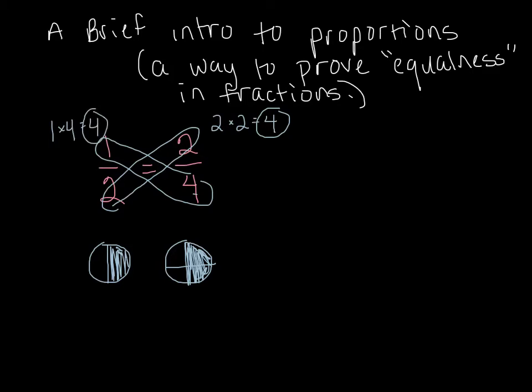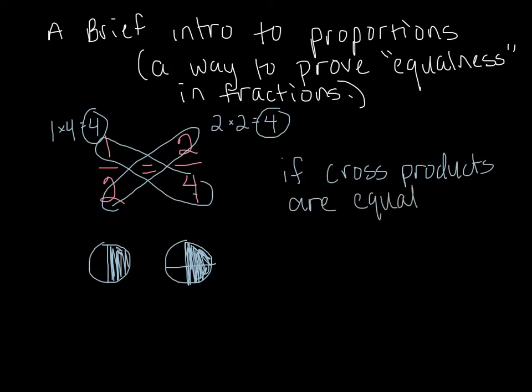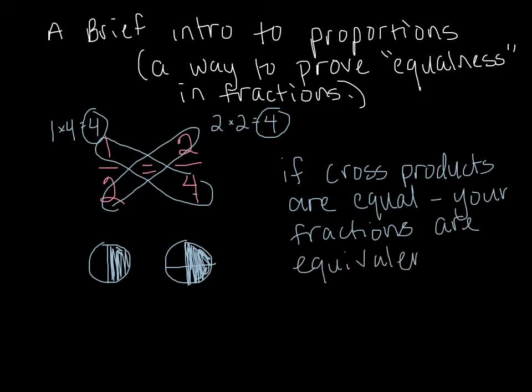And 4 does equal 4. So if those cross products are equal, make sure you write this down in your notes, your fractions are equivalent, meaning it's the same amount of pizza for you as for me.